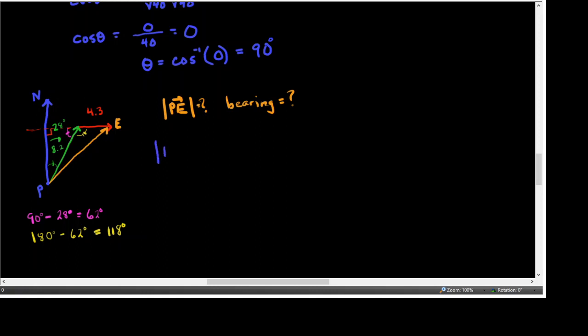So the magnitude of vector PE squared is side squared plus other side squared minus 2 times the product of those two sides times the cosine of the angle between them.